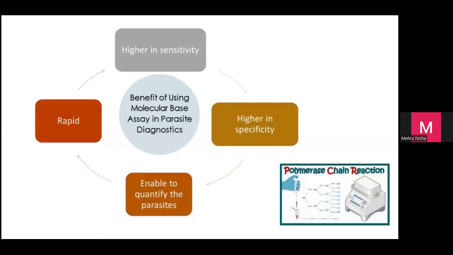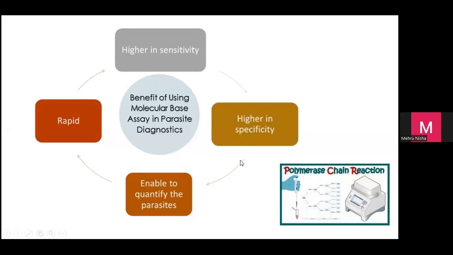Benefit of using molecular-based assay in parasite diagnostic. Apakah keperluannya nak guna molecular-based ni? Kenapa tak guna saja serologi? Kan serologi lebih senang. You just ambil darah, spin, you put 1 drop, you already dapat results. Isn't that easy?